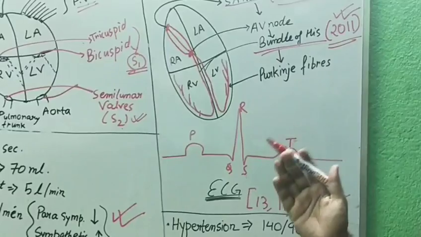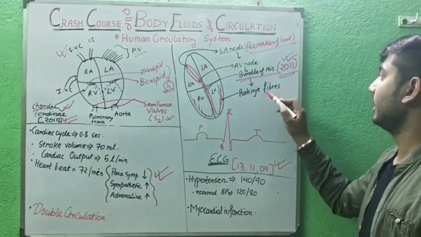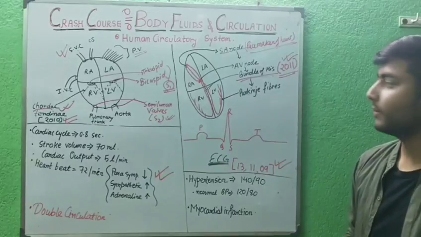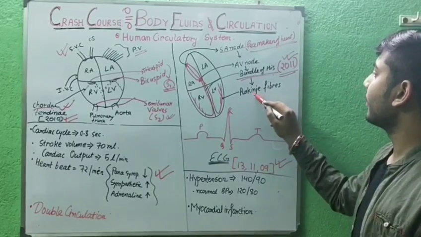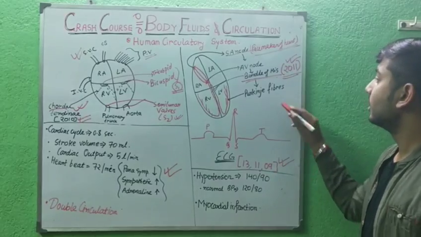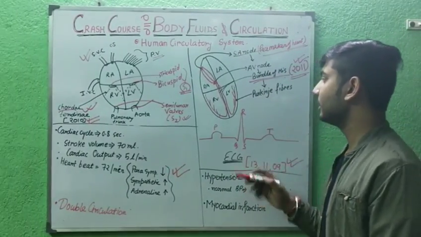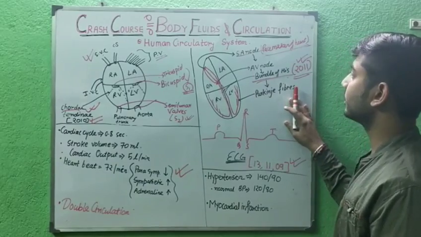Options were brain, heart, kidney, lungs, etc. So the answer is heart, obviously. Now, Purkinje fibers are the extension of the bundle of His into each ventricle. So Purkinje fibers also do the work of transmission of impulses in the ventricles. I hope this is clear.